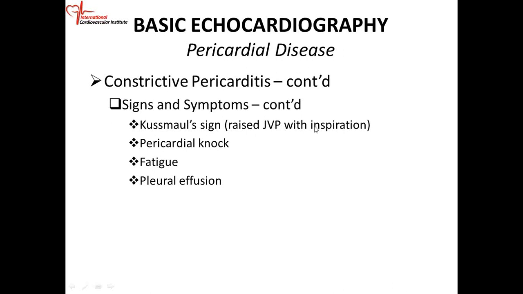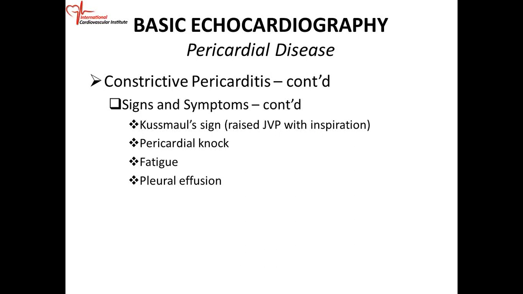When we say jugular venous pressure, the jugular vein is going to increase. So in a normal individual, when you breathe in, you have increased blood flow to the right side of the heart, but the right side of the heart can accommodate that because it's a healthy heart. It just expands to accommodate increased blood flow.